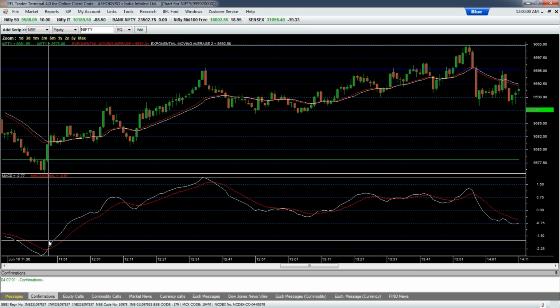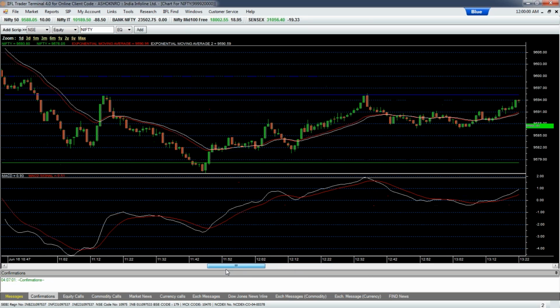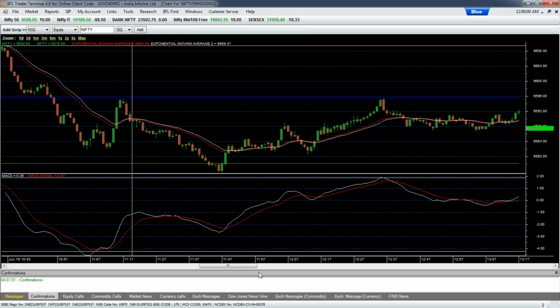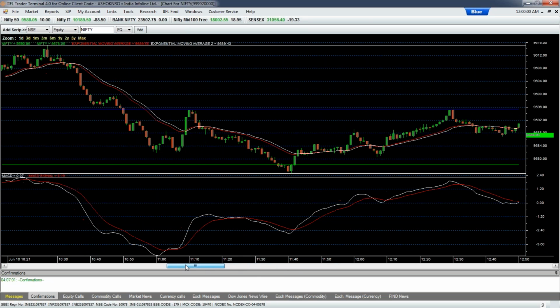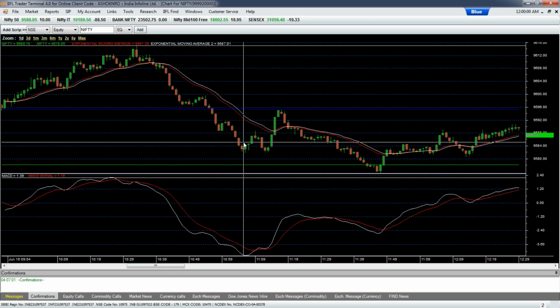Right over here we can see that the market trend is changing from what it was previously. Previously the market was falling, and afterwards the market was falling more from here to here.